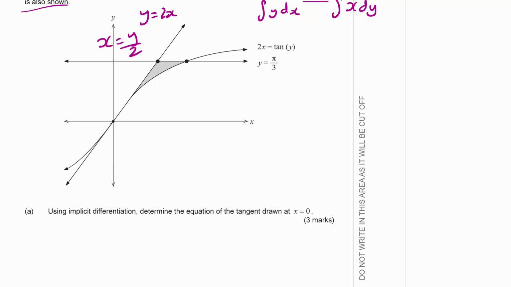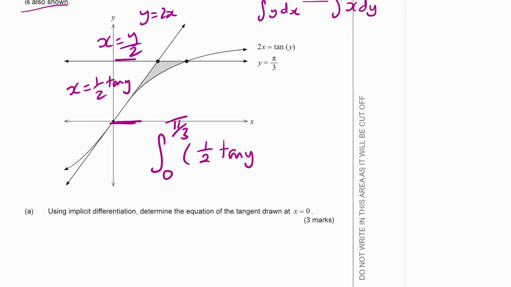We think about the curve that we have, that is x is equal to a half tan y. And we know that this is 0 and this is pi by 3. So we're just going to have the integral from 0 to pi by 3 of the curve, so that's the area to the left of the curve, take away the area to the left of the line.